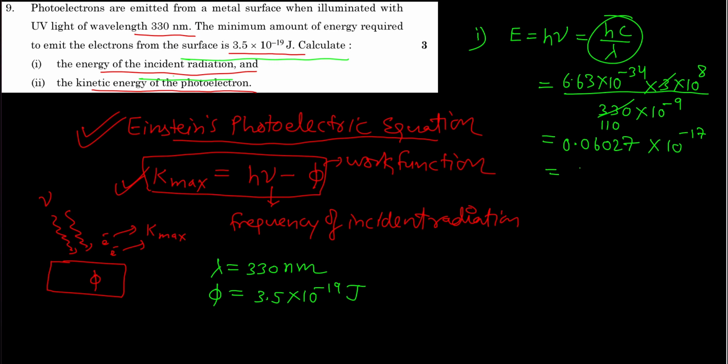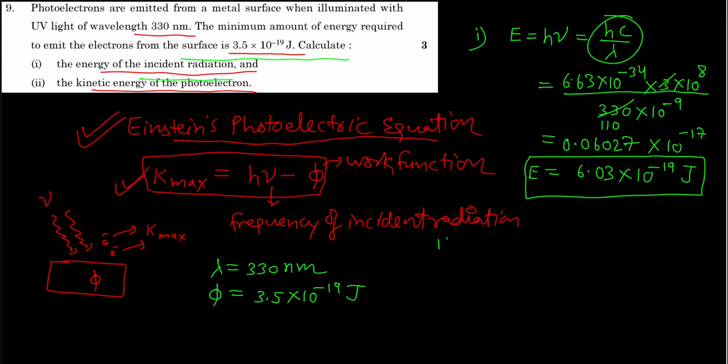So this energy is 6.027, which you can write as 6.03, into 10 raised to the power minus 2 will come here, so minus 19 joule. This is the energy of the incident radiation.